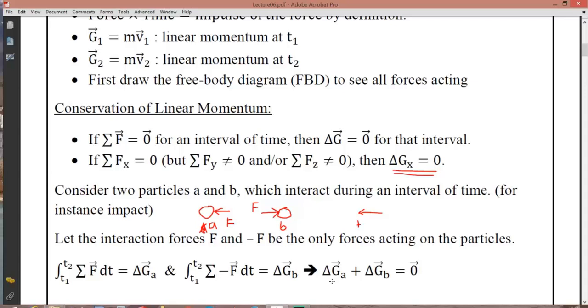That means the total change in the linear momentum of this system of particles, these two particles, is equal to zero. So the change in the linear momentum of particle A plus the change in the linear momentum of particle B should be equal to zero.